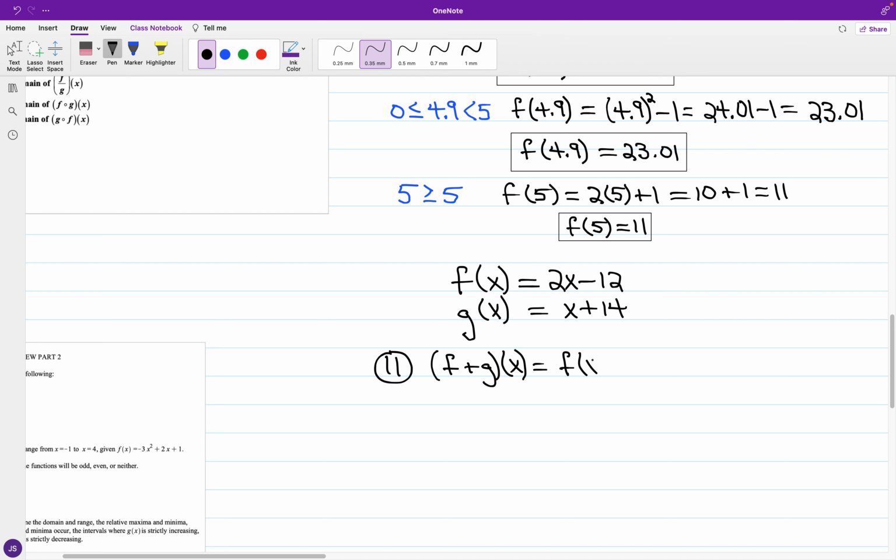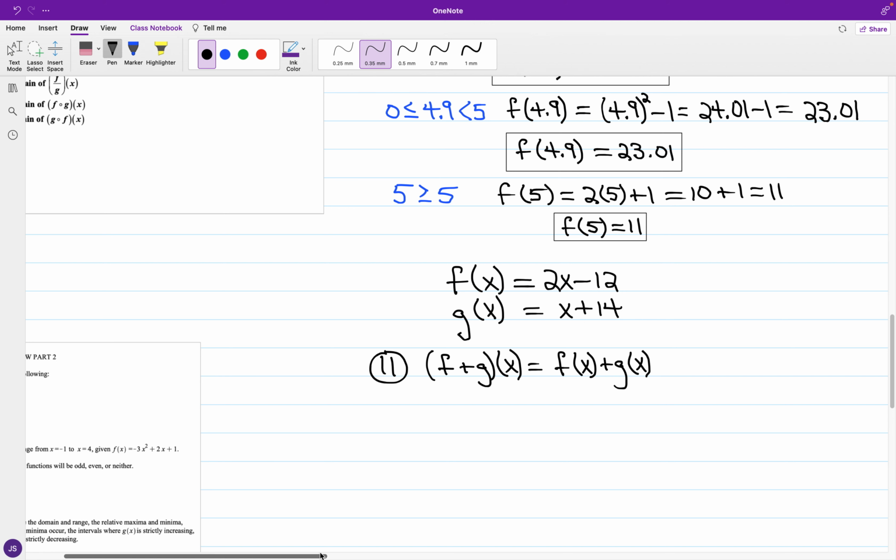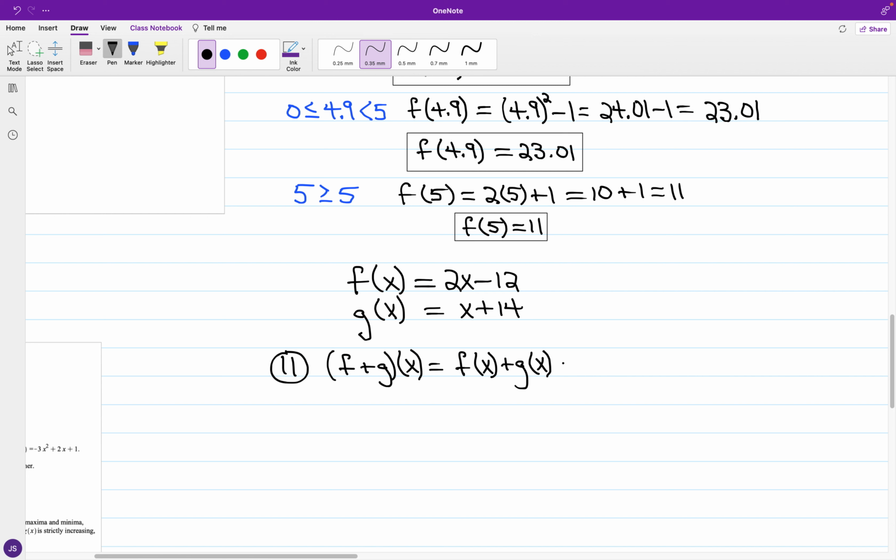you have f of x plus g of x, just specifying what we have for f of x and g of x. I'm just going to use parentheses to separate f of x from g of x.